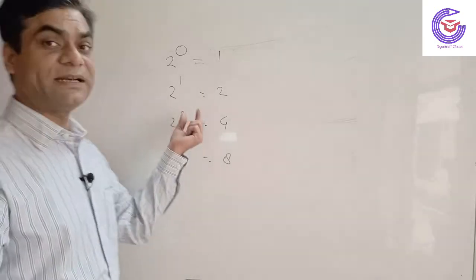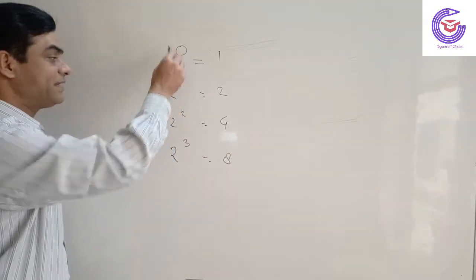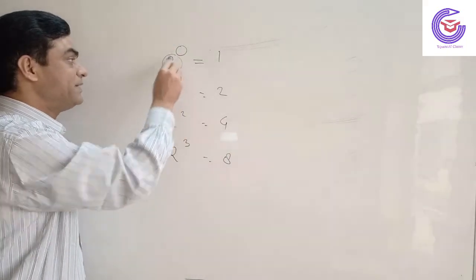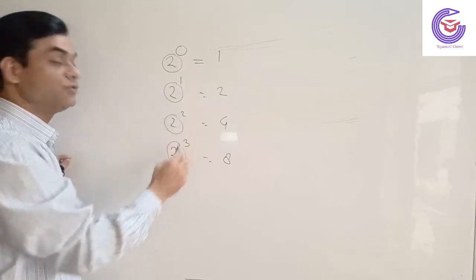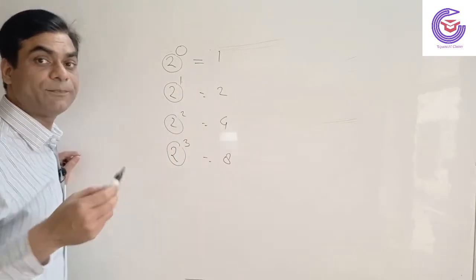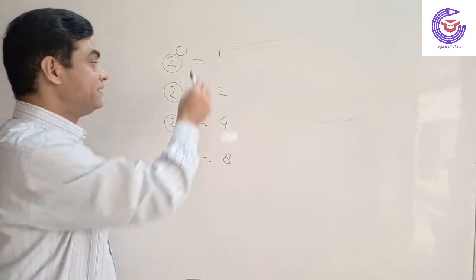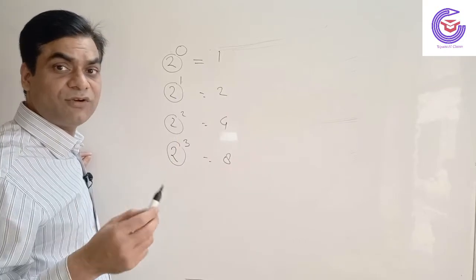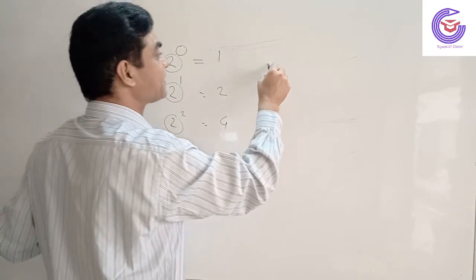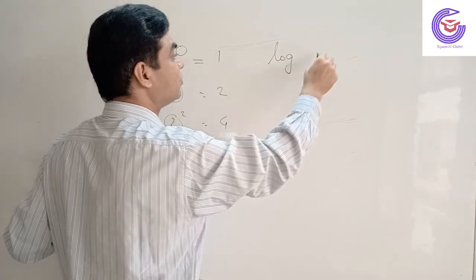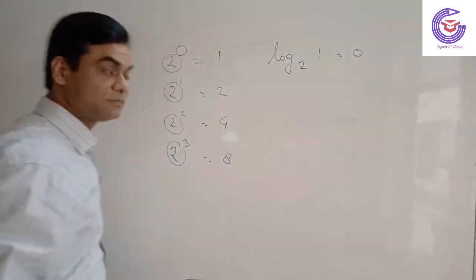So when you convert this exponential form into the logarithmic form, how will it look? Here, 2 is called the base, 0, 1, 2, 3 are called the index or power, and 1, 2, 4, 8 are the values. So when you convert these exponential terms into logarithmic, in the first case it is log 1 base 2 is equal to 0.